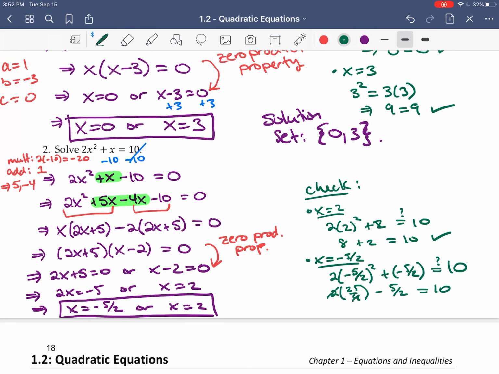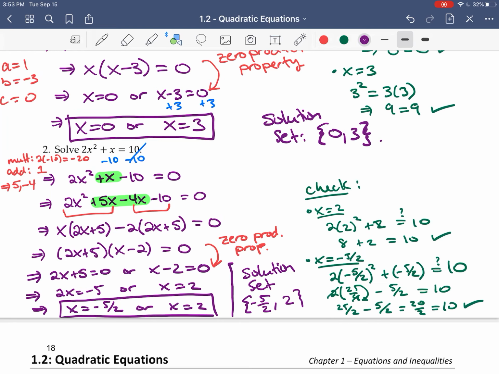The 2 can cancel with a 2 here, so I have 25 over 2 minus 5 over 2, and that's going to be 20 over 2, which is 10. So they're both solutions. So we have solution set contains both of them. So negative 5 over 2 and positive 2. Okay, so that would be the solution for this equation.